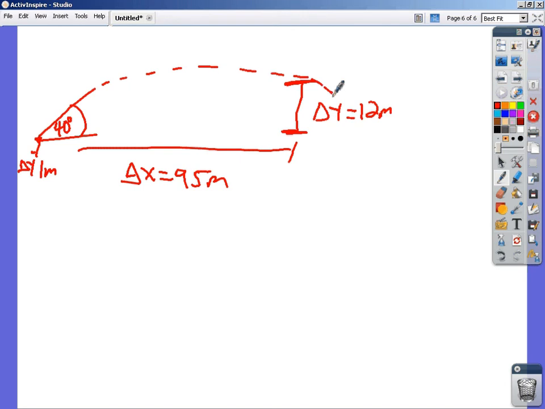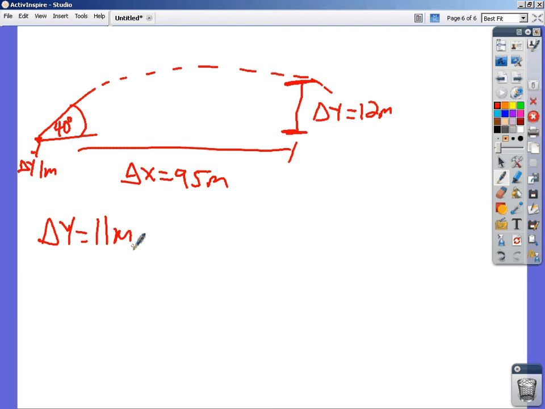If I know a height, the very first thing I'm going to want to do is the delta y equation. So you're going to say 11 meters is equal to... we don't know the initial velocity in the y direction. We do know a. We need that initial y velocity to get time, so that's not going to help us.